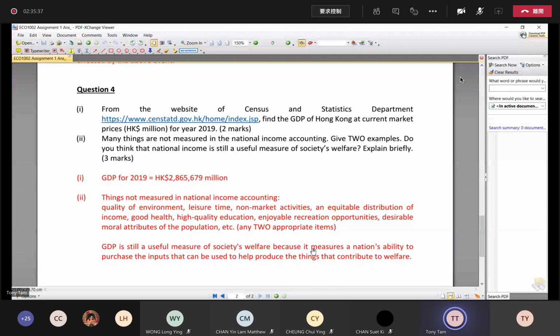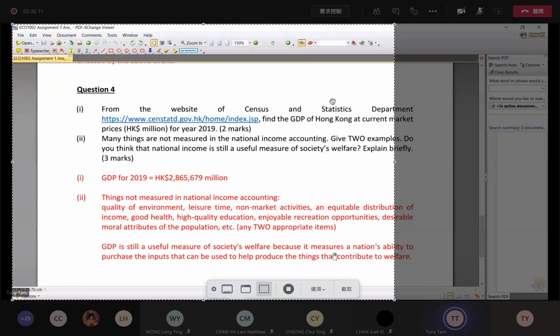You have to have money in order to provide these. So the higher the GDP, the better your medical and educational systems, which are related to the well-being and welfare of the society, right?